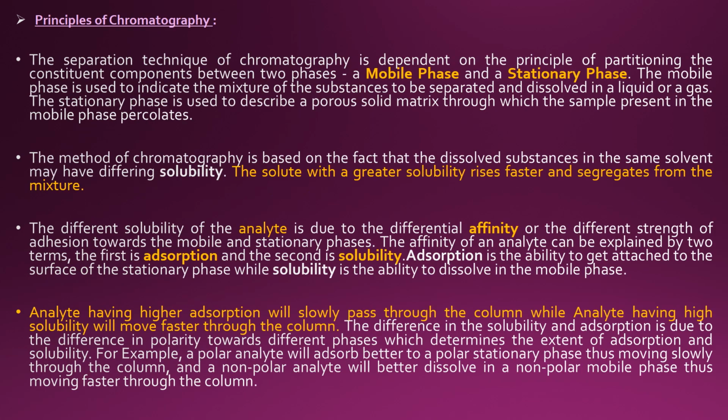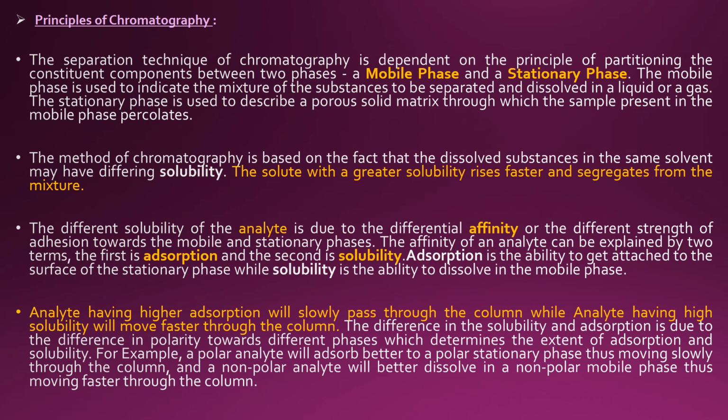Principles of chromatography. The separation technique of chromatography is dependent on the principle of partitioning the constituent components between two phases, a mobile phase and a stationary phase. The mobile phase is used to indicate the mixture of the substances to be separated and dissolved in a liquid or a gas.